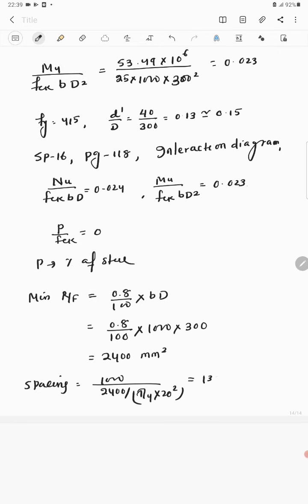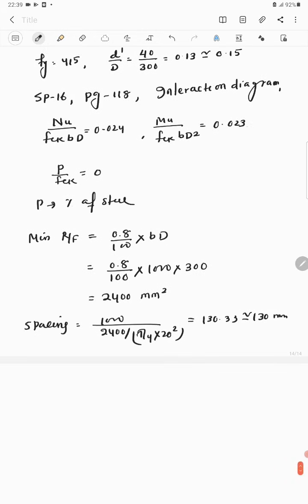This is equal to 130.33. So let's provide 130 mm. So let's provide 20 mm dia bars at 130 mm center to center spacing. This is to be provided in the sidewall.